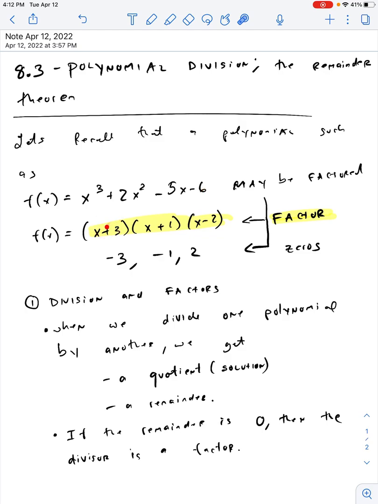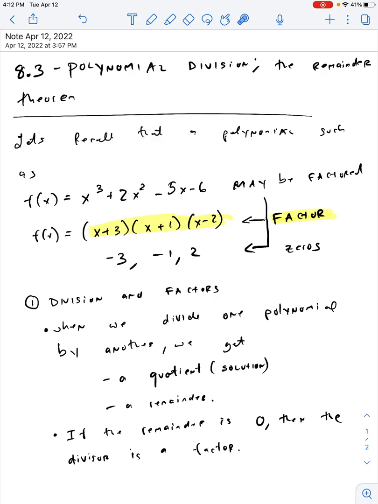If we divide it by x plus 3, we should get a remainder of 0. If we divide the polynomial by x plus 1, we should get a remainder of 0. And if we divide the polynomial by x minus 2, we should get a remainder of 0. Because once again, if the remainder is 0, then it is a factor.